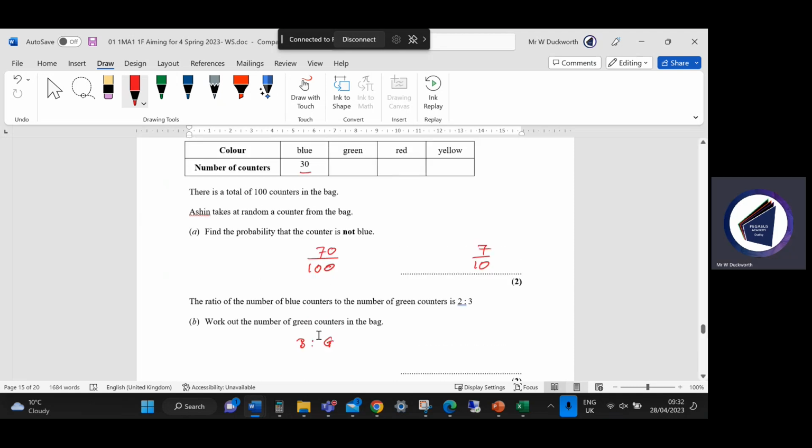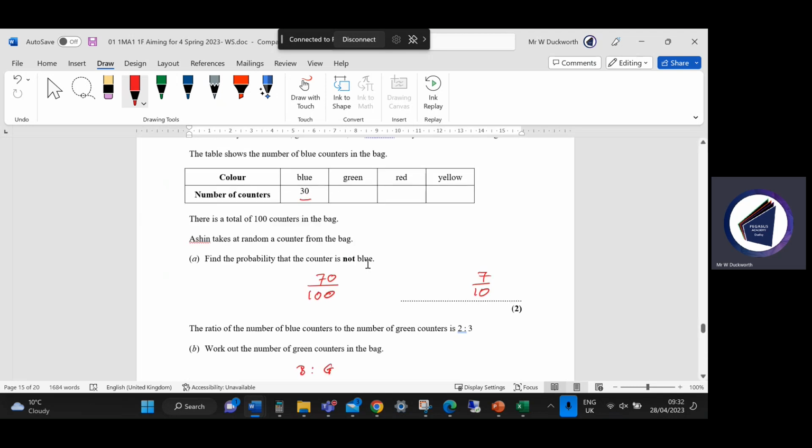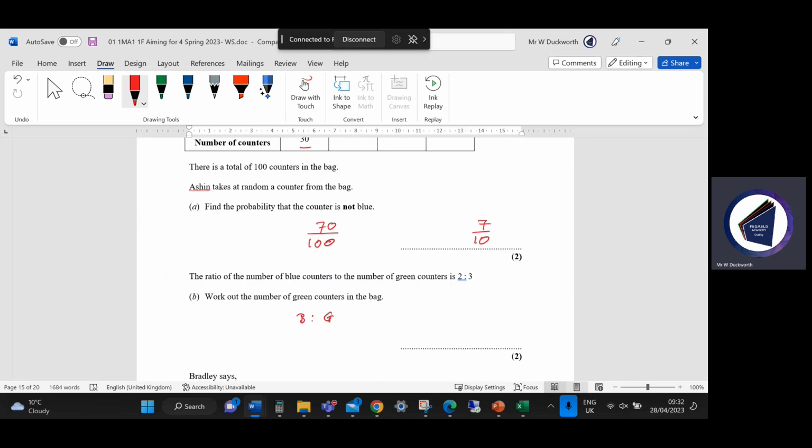I'm being very, very dense here. So I was misreading the question. So we're not dealing with green and red. We're dealing with blue and green. Okay, so that makes it much more sense. So if we've got 2 to 3, and we've got 20 blue counters, then we must have 30 green counters.